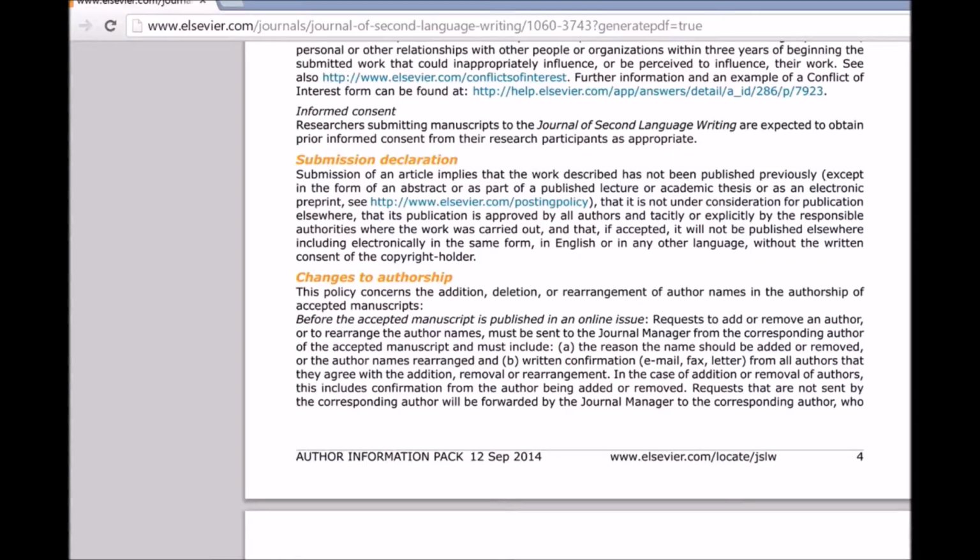You can publish the article in any other language. They won't accept translations or violation of copyright. Later, if you want to change authors, add an author or remove an author, you have to let the journal know.